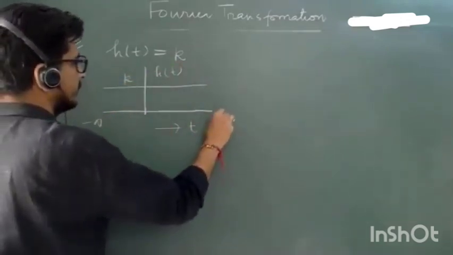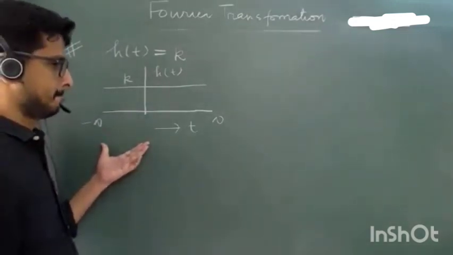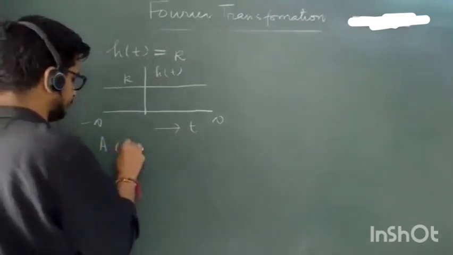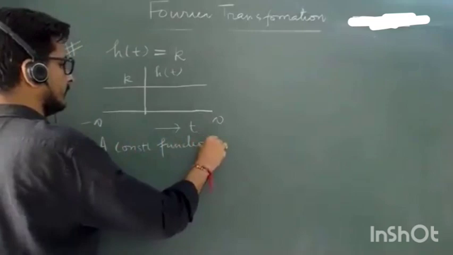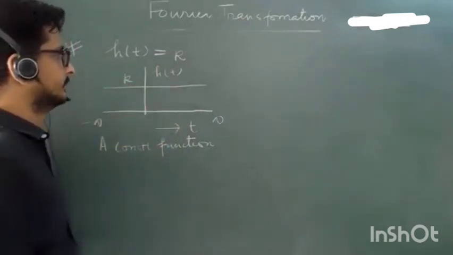From minus infinity to plus infinity, it will look like this. You agree with this? A constant function. So in the real domain, it looks like this.